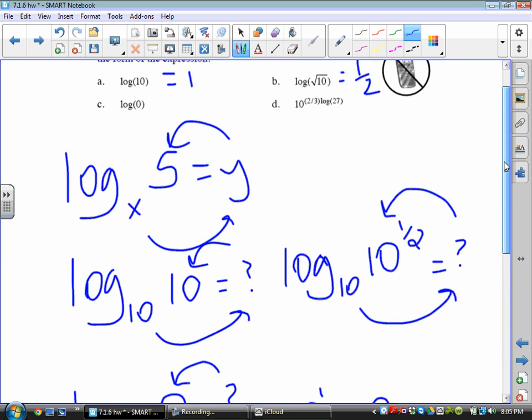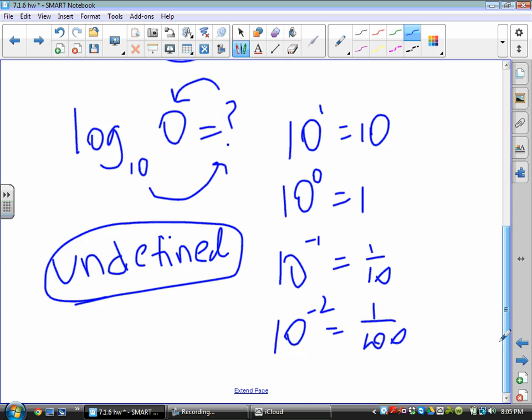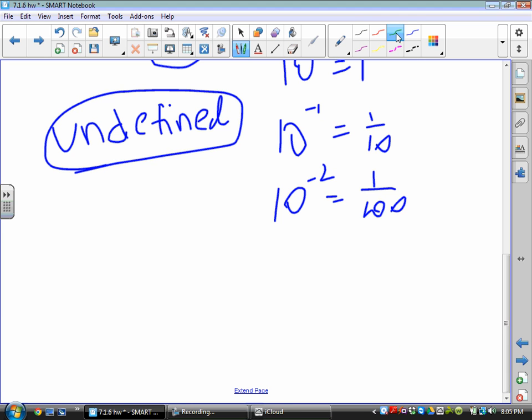The last one is a little bit trickier, so I'm going to rewrite the whole thing down here. So part D is 10 raised to the 2/3 log of 27.